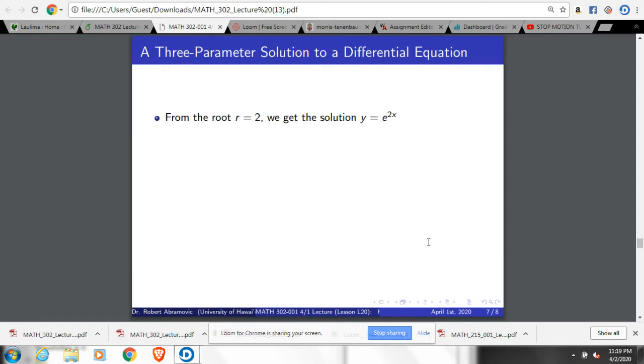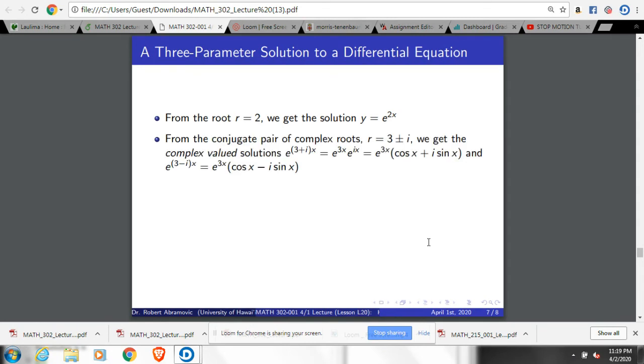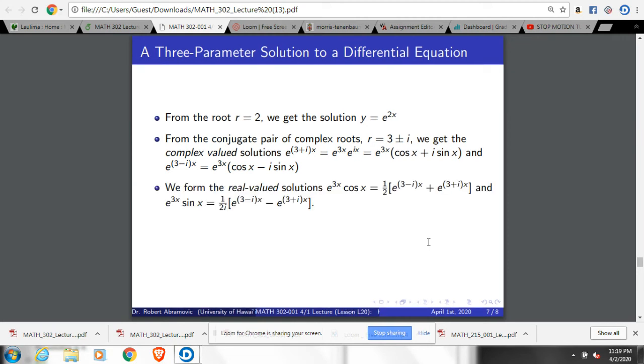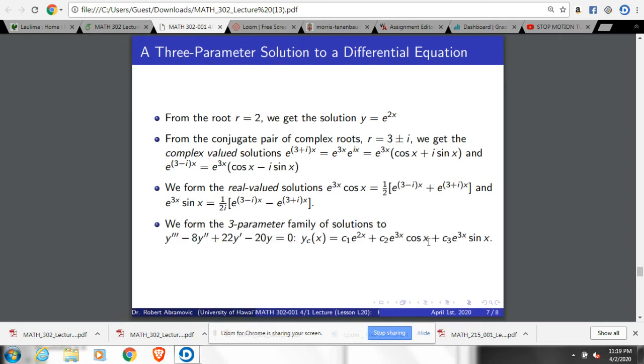From r equals 2, we get y equals e to the 2x. From the conjugate pair of complex roots, 3 plus i and 3 minus i, we get e to the 3x times cosine x plus i sine x, and e to the 3x times cosine x minus i sine x. And we form real-valued solutions like before, e to the 3x cosine x and e to the 3x sine x.